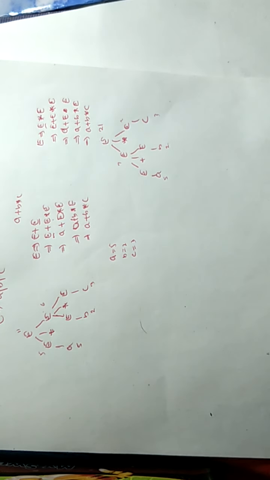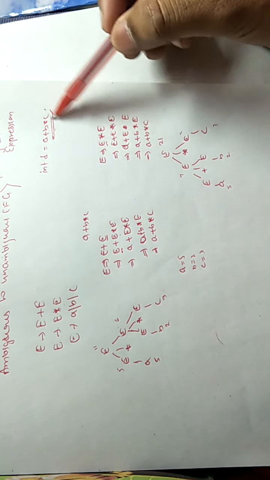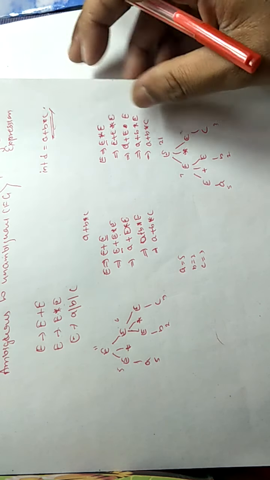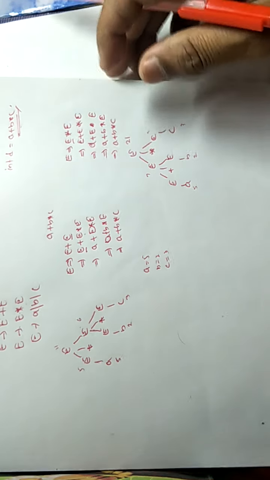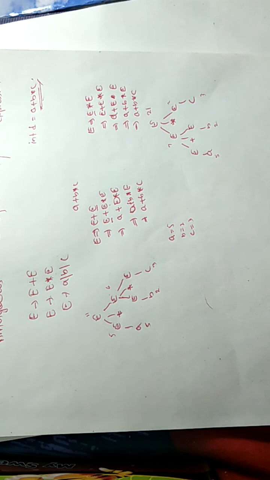For one same algebraic expression we cannot assign two values. We cannot have two values for one expression. Here we can get 11, here we can get 21. So this will create problems for a programming language when we design the compiler, when we write the rules for the compiler. So it should be removed.